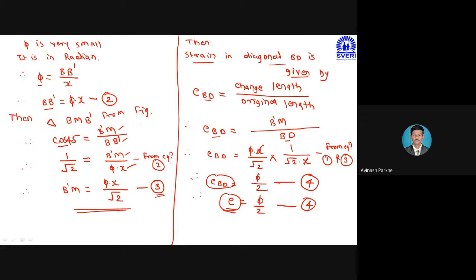Means E of BD is equal to the total strain, which is equal to phi upon 2, equation number 4.